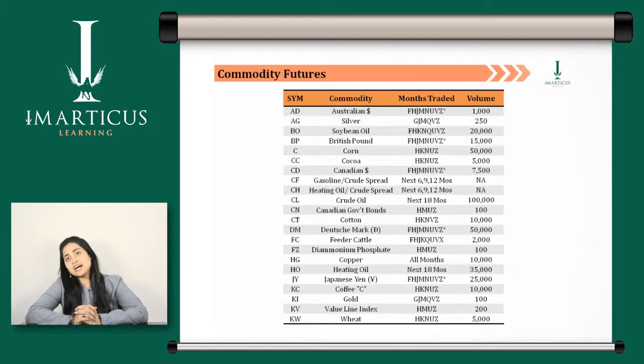Every commodity has a shorter version that is used in a stock exchange. The list of codes across all the underliers available in the market are shown on the screen. Some of the popular symbols are AG for silver, CD for Canadian dollar, CL for crude oil, DM for Deutsche Mark, FZ for germanium phosphate, JY for Japanese yen, KI for gold, and KW for wheat.